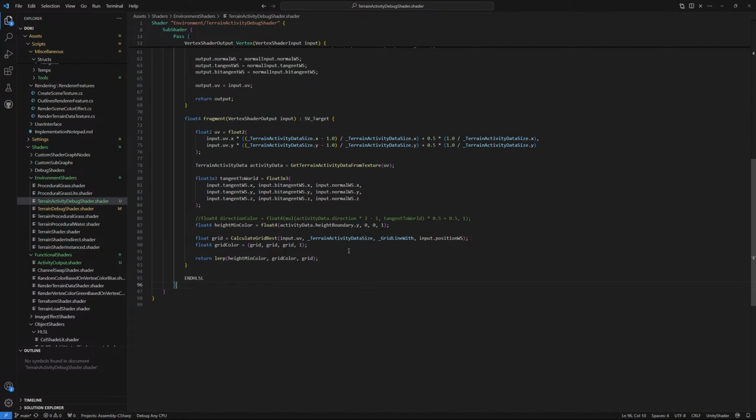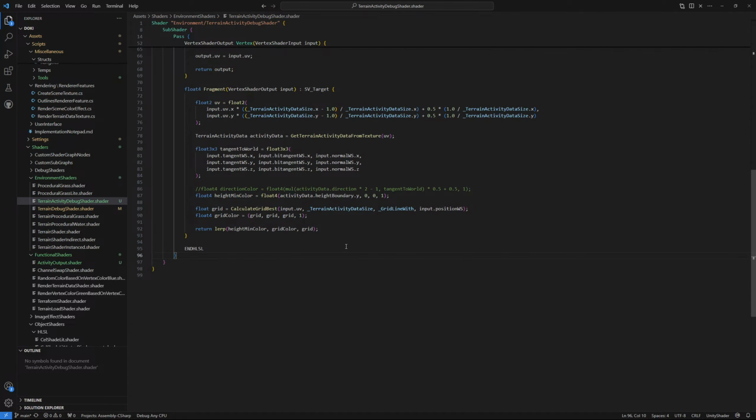So then in terrain activity debug shader, we do height, mean, color. Let's hide that one. Direction color, we do activity data direction times 2 minus 1.